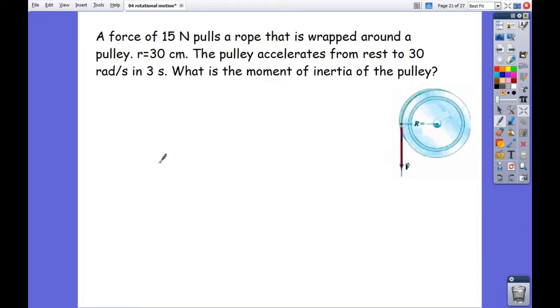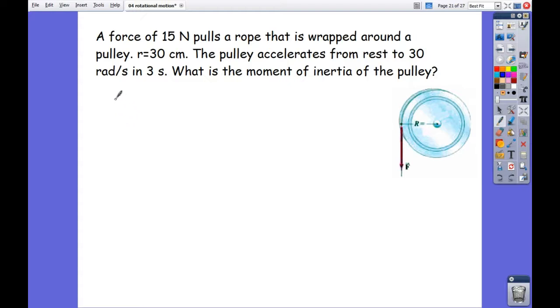Next question. A force of 15 Newton pulls a rope that is wrapped around a pulley. The radius is 30 centimeters. The pulley accelerates from rest to 30 radians per second in 3 seconds. What is the moment of inertia of the pulley?